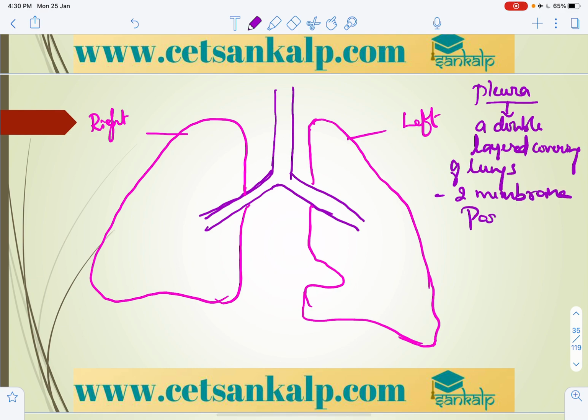The two membranes are the parietal pleura and the visceral pleura. Now what is the parietal pleura?